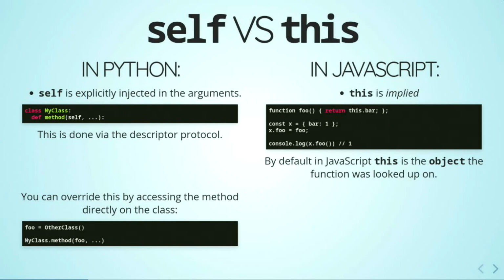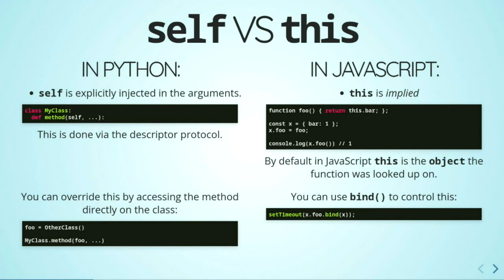We can call a method on another class with our self by actually calling the class method, not the instance method. In JavaScript, they have this thing called bind, which is a method on every function, so that you can say, when this gets called, I want this object that I'm passing to you now to be my scope, to be my this.